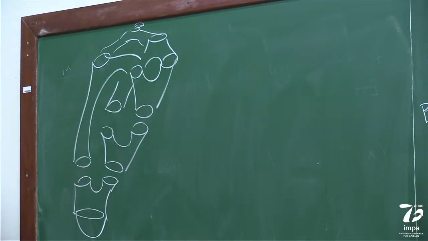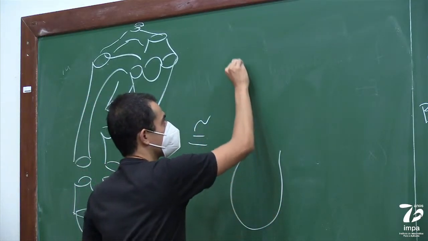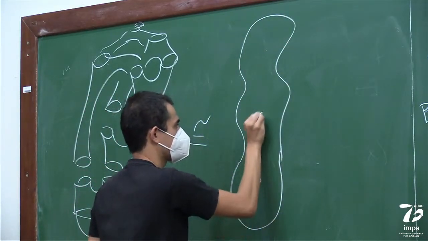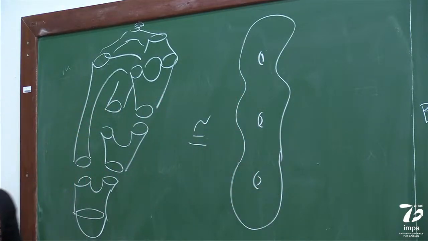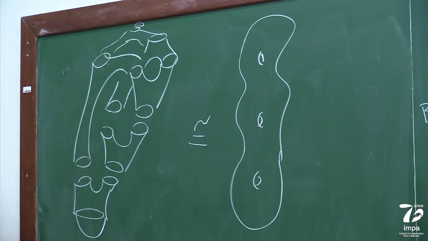It's not completely obvious to see that this is a manifold with genus 3. This is diffeomorphic to this. No, that's right. Genus 3.